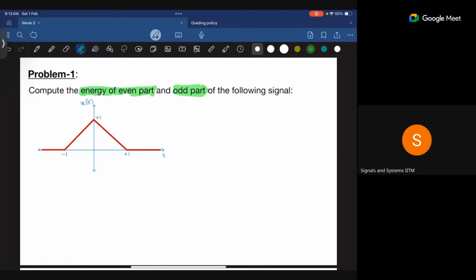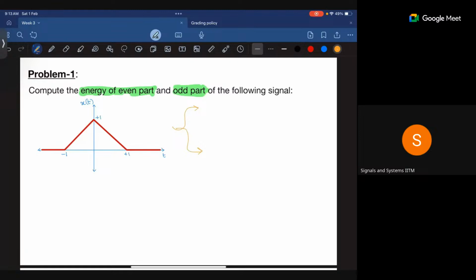For this, as a first step, can we directly use the formula? Okay. So what we have to do is first draw or compute the even part and the odd part of this particular signal.